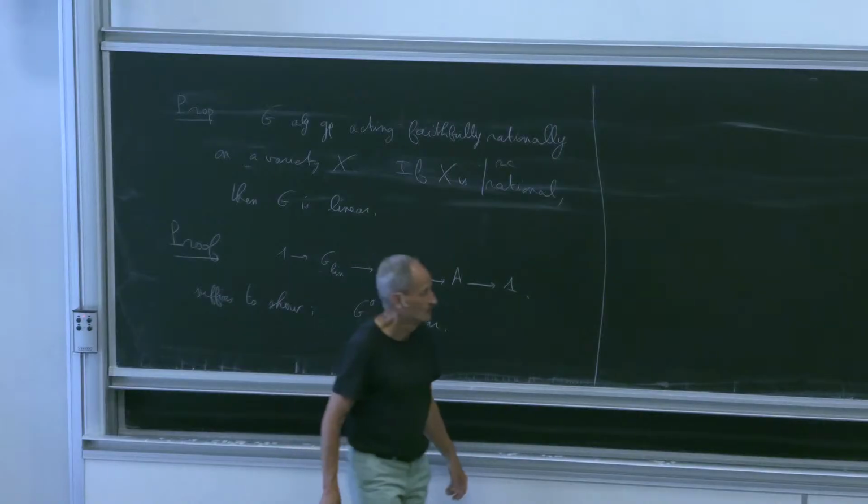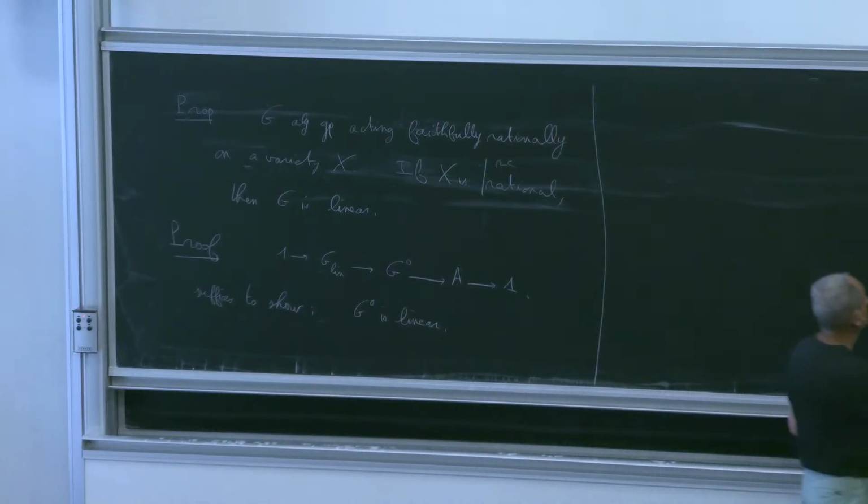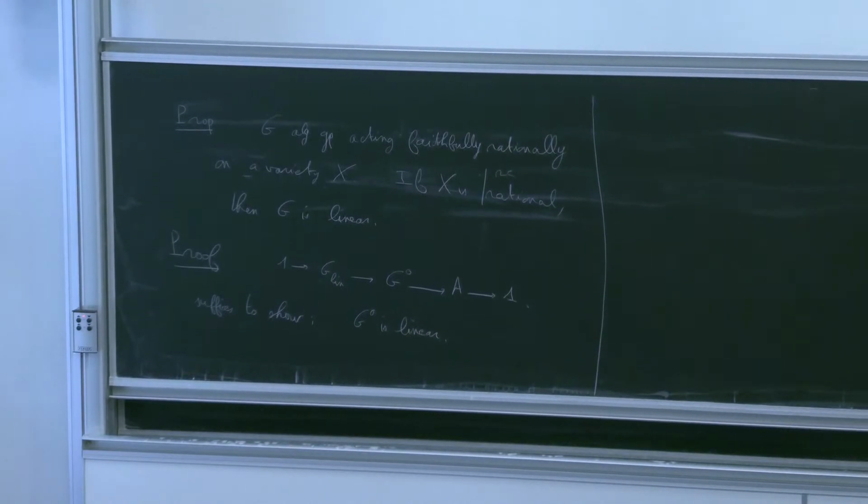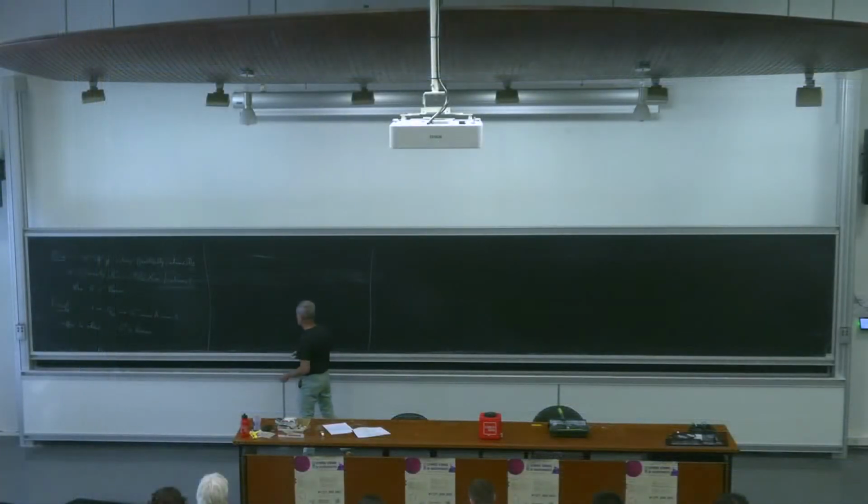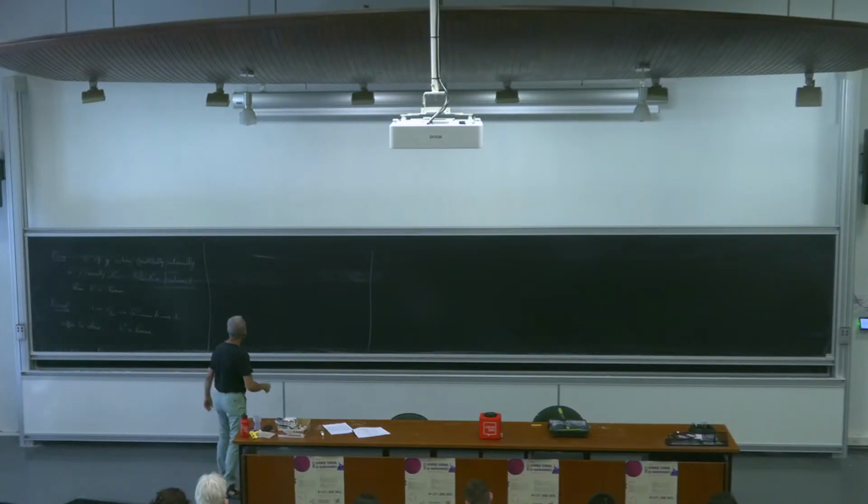Okay, so we had some information on this variety X from the proof, or starting point of the proof, of Weil's regularization theorem.